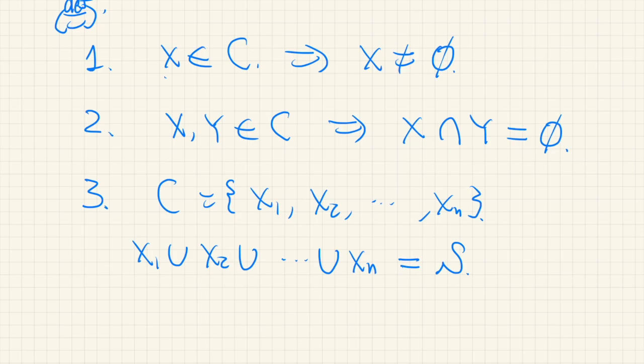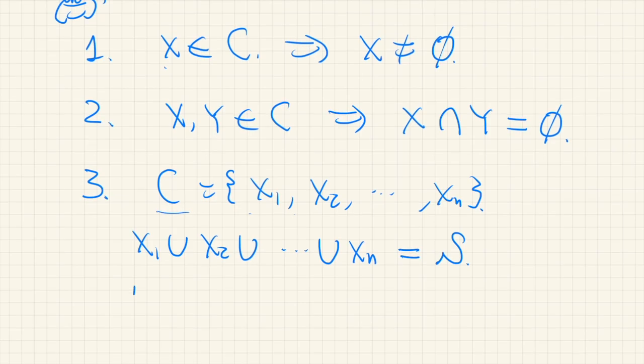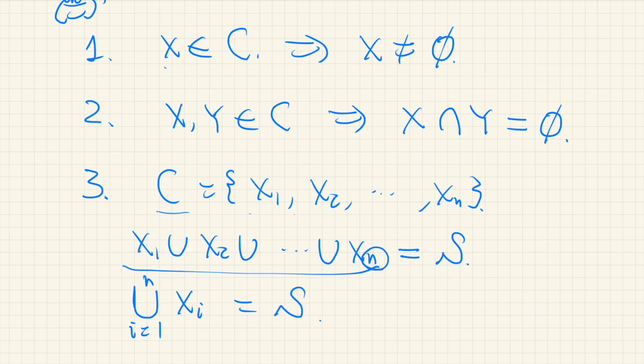Sometimes the cardinality of C may be infinity. So in that case, instead of writing like this, we write the union over i from 1 to n of xi is equal to S. So this is like writing a sum symbol.